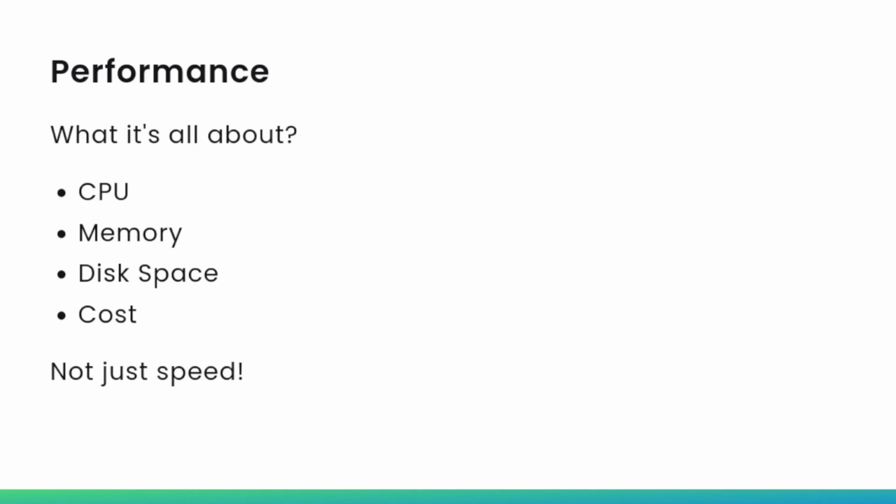It's not just speed. Let's take an example, okay? Let's say that we have a batch process that runs at night. This batch process currently runs in 1 minute, and it takes up 1 gigabyte of disk space, which costs us lots of money, okay? So if you had to optimize this process, and you were able to make the process run in 2 minutes instead of 1, but then it would not consume any additional disk space at all, would you do it?